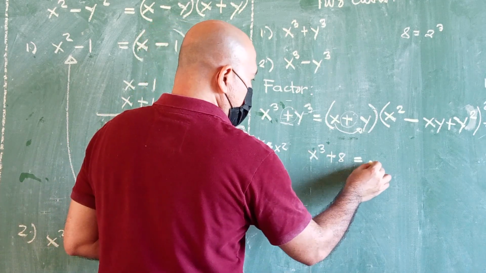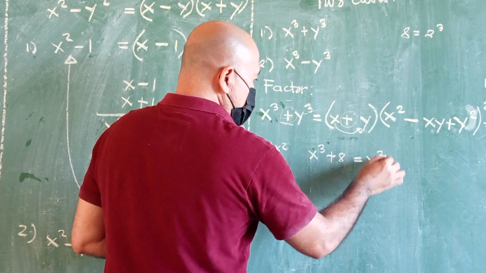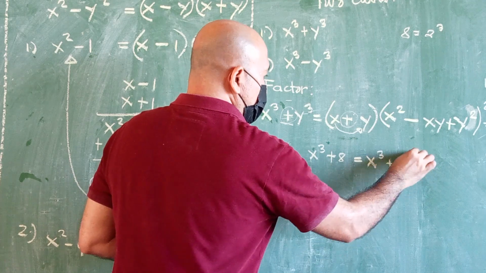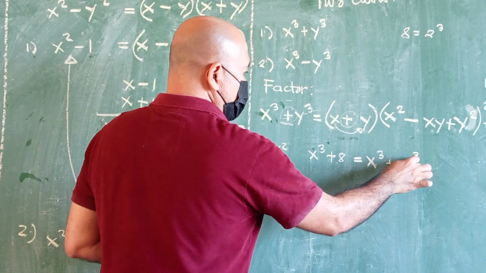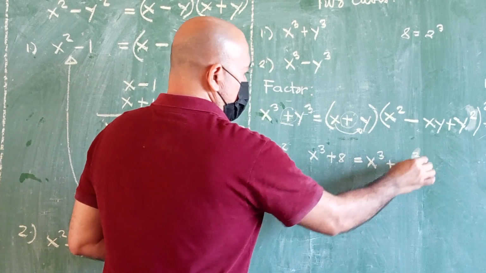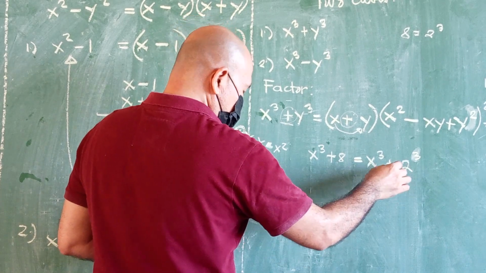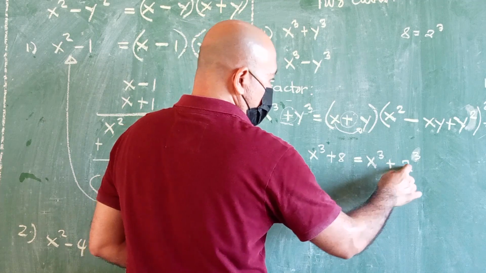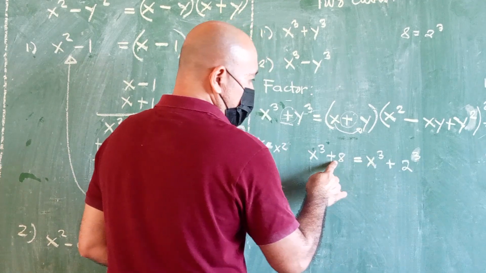You may rewrite this expression into x cubed plus 2 raised to the power of 3. If you simplify 2 raised to the power of 3, that is still equal to 8.